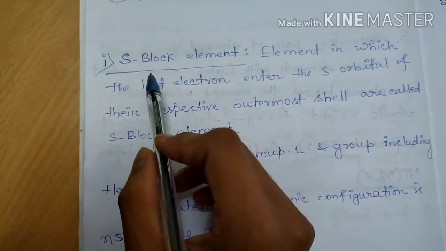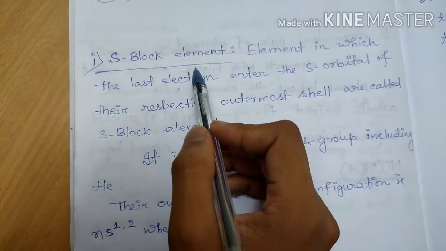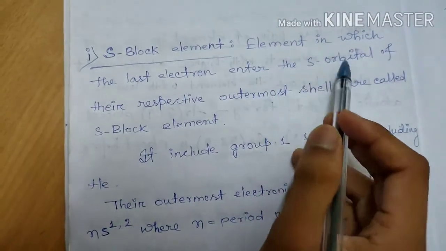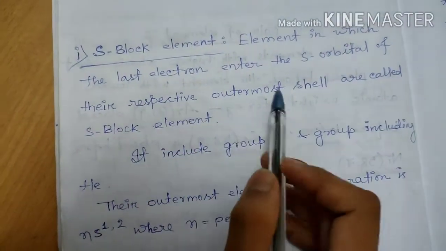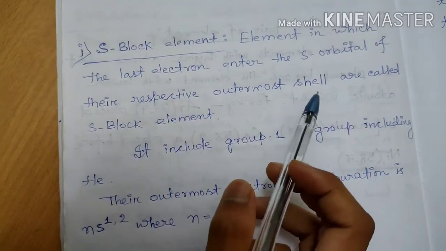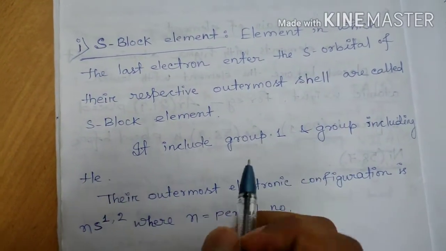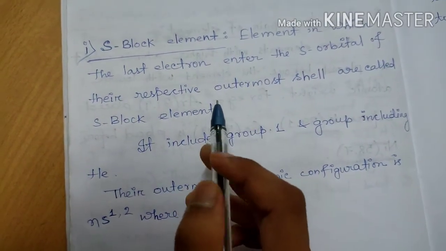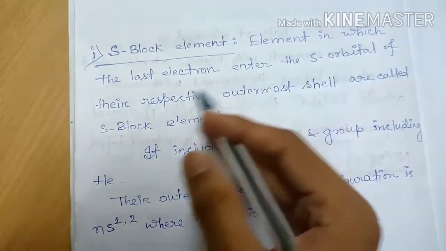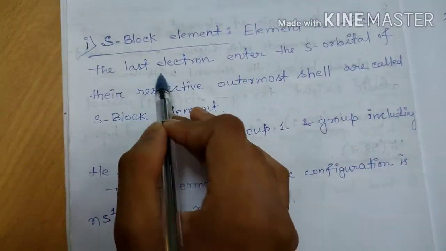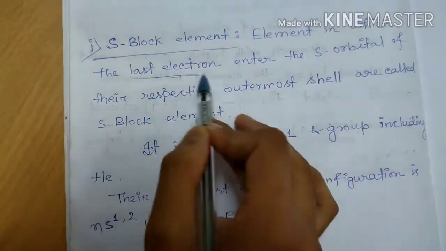So you see, S block element. What is an S block element? Elements in which the last electron enters the s orbital of their respective outermost shell are called S block elements. What is the last electron? Last electron means the valence electron.